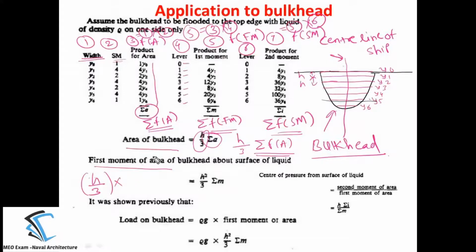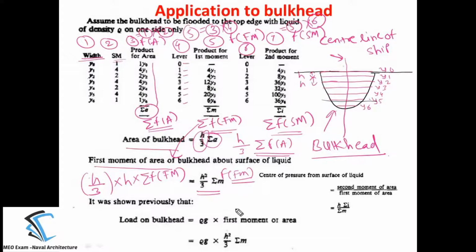Then we are taking the first moment, so one h is common, multiplied by the summation of function of first moment, which we got from here. Substituting the same thing, you will get h square by 3 into summation of first moment.